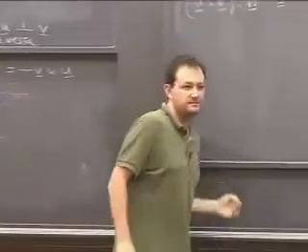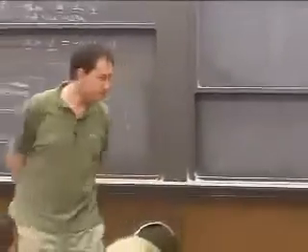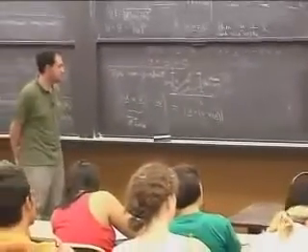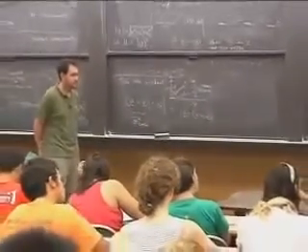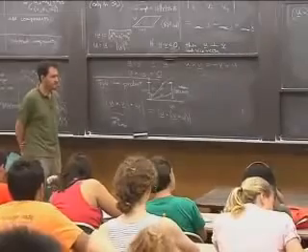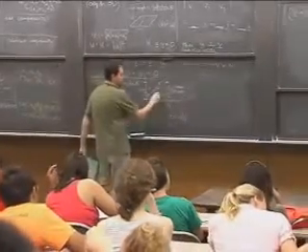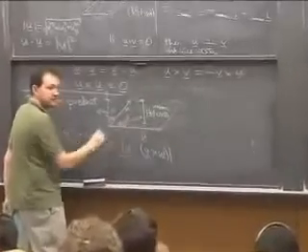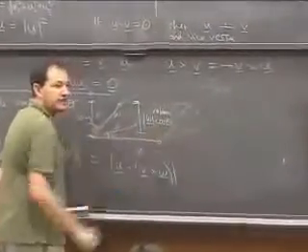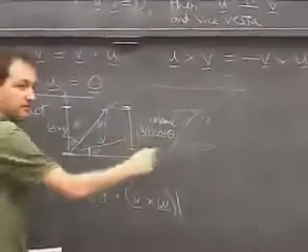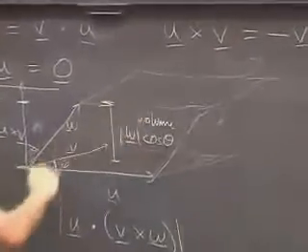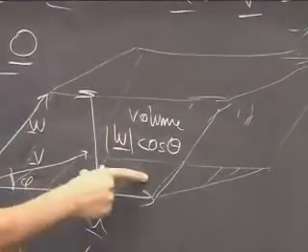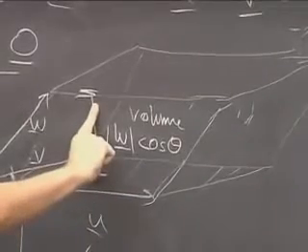All right. Question? I understand how the length of W times cosine of theta is the height, but why don't we have cosine theta in the U cross V? U cross V actually has a sine theta, or a sine of a different theta, call it a phi, and that will give you the area of the base. And the volume of any solid, any prism type of thing, or even a skew prism like this, will be the base times the perpendicular height.